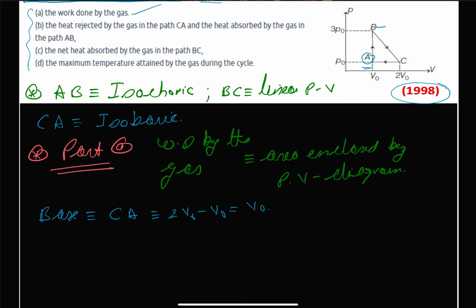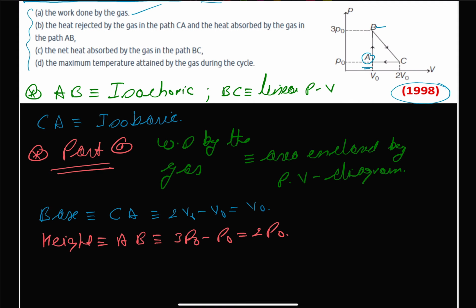And then we come to our height, and height is A to B, and this comes as 3 P0 minus P0, giving us twice P0.